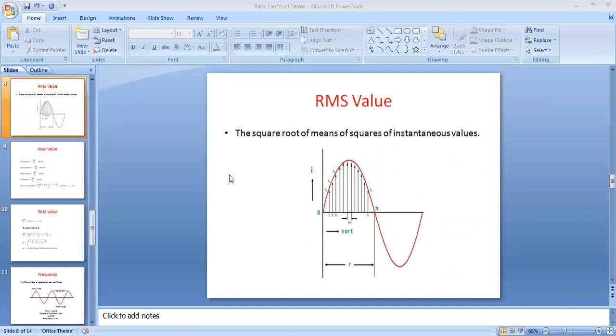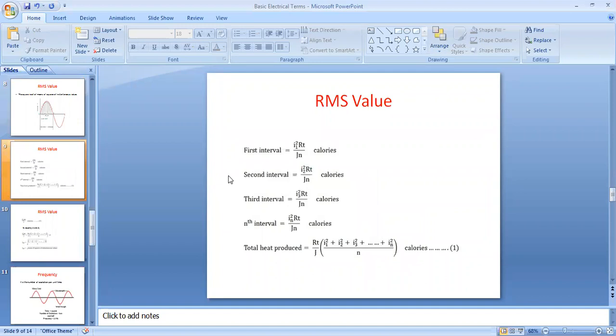So here for RMS value, during the first interval, the heat produced is I1 square RT upon J. Like that, for the second interval, third interval, up to the nth interval, we have derived the heat produced, and from that we have calculated the total heat produced, that is RT upon J in bracket I1 square up to In square upon n, and the unit of that heat produced is calories.